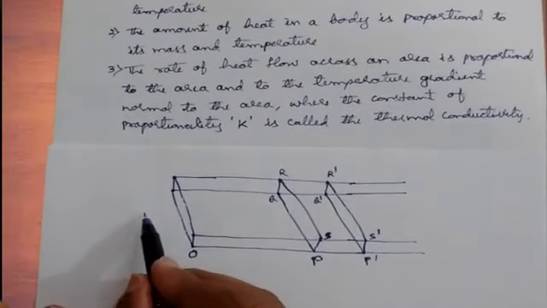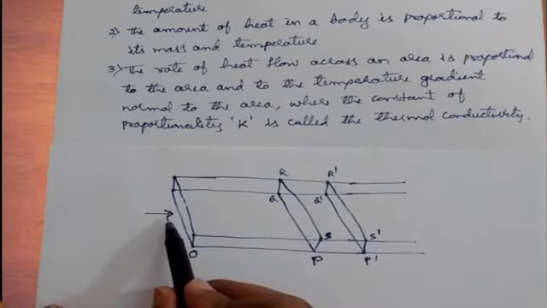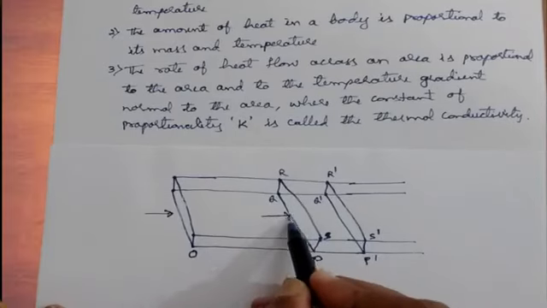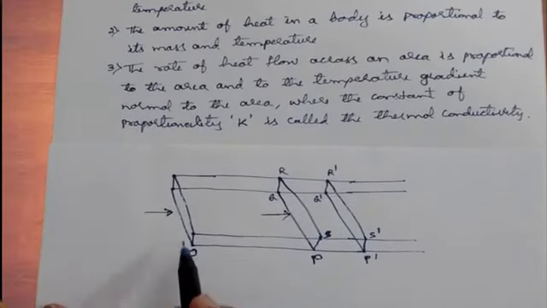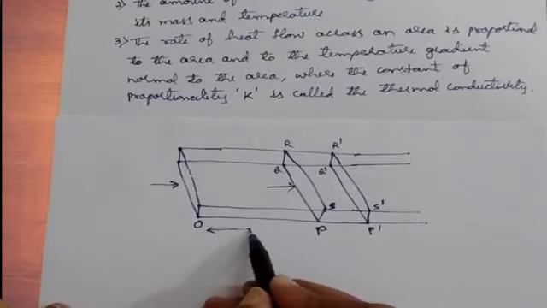Now you are supplying heat from here. So heat flows along this rectangular slab and reaches this cross section of the slab. Let the distance from the initial point to the point P be, say, x.